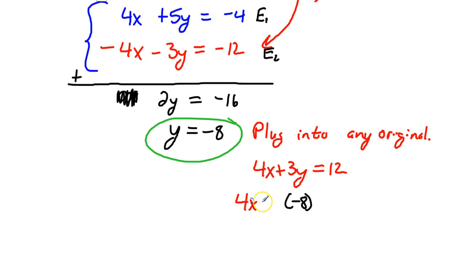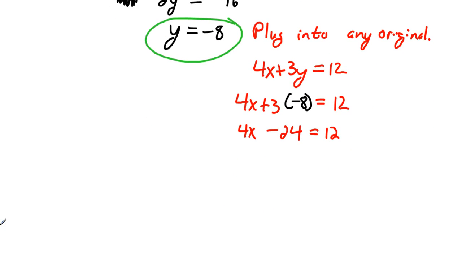We've got 4x plus 3 times -8 equals 12. And again, instead of doing the distributive property, just going to multiply these two together and make it a -24. Add 24. And then divide by 4, and you get x equals 9.